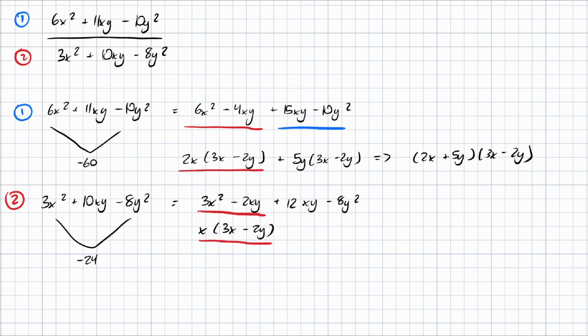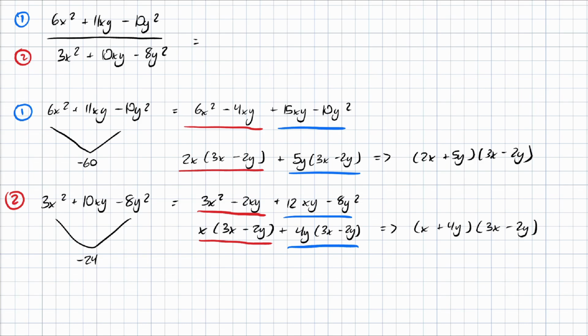Then we're adding, let me color code these. All right, we use 4y, 3x minus 2y. Okay, now I get x plus 4y over 3x minus 2y. Now from here, I can just replace these original expressions with their factored forms.